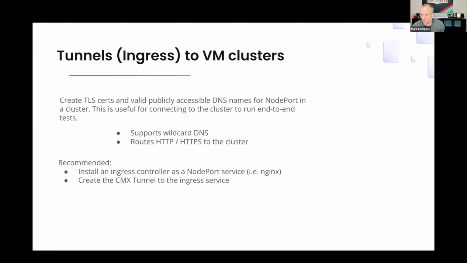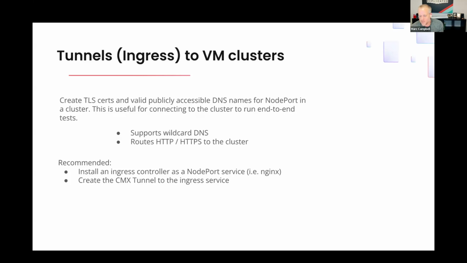You can expose one or more ports through HTTP and HTTPS. They have to be node ports that you're exposing. And then what Replicated does is create a public DNS record and TLS certs for that port. Then you can route traffic through that DNS record into the cluster on that node port through HTTP or HTTPS only.